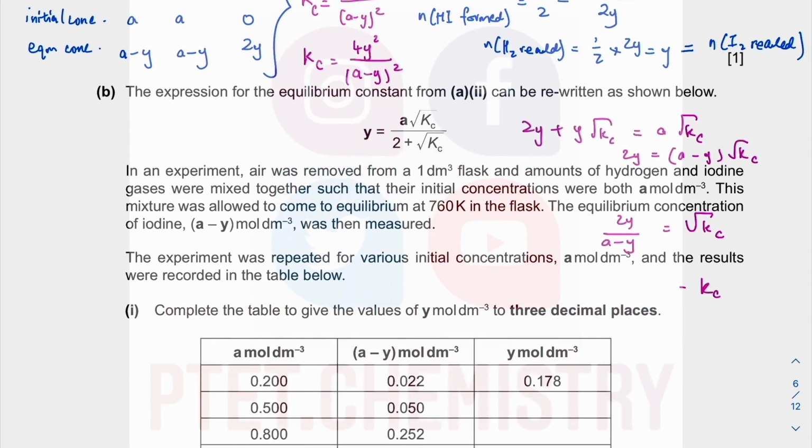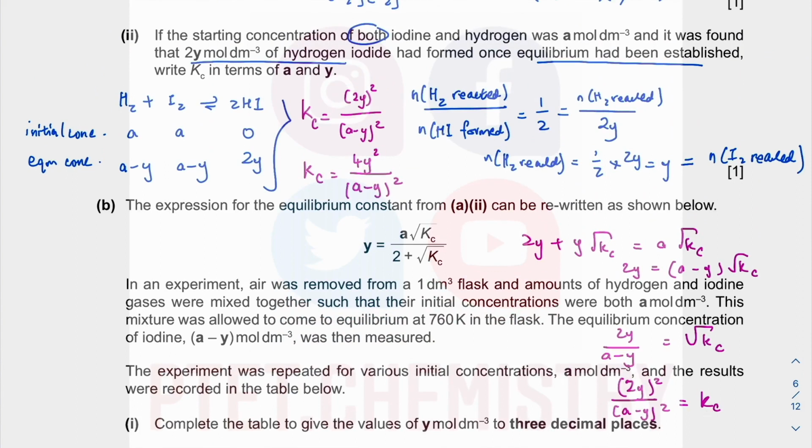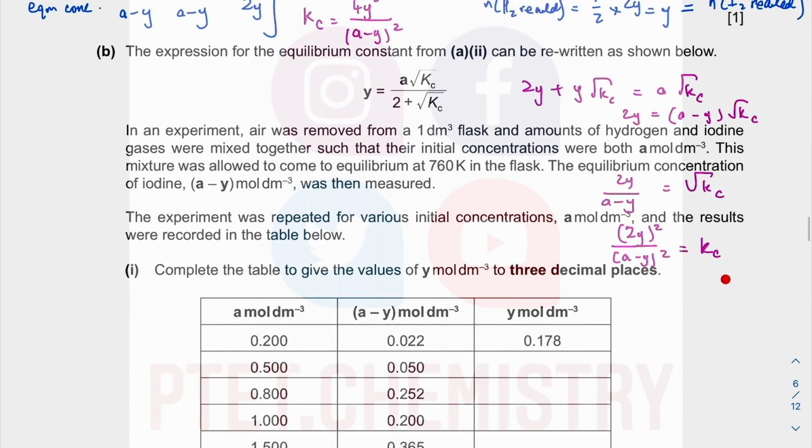Then Kc is equal to 2y squared over A minus y squared. Oh, guess what? Kc is equal to that, right? So we can be sure that this is correct because I can go from here to here, rather than going from here to here, that looks horrible, but I could easily go from here to here by just doing a bit of mathematics. That is not what the question has asked. I'm just saying that you can check your answer given the answer is already here in a different form.